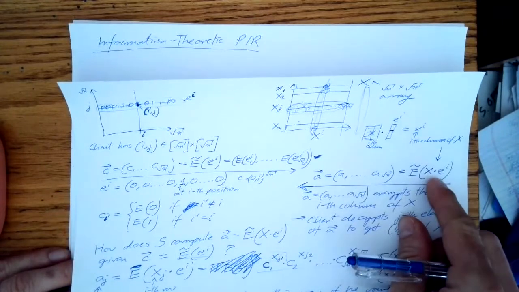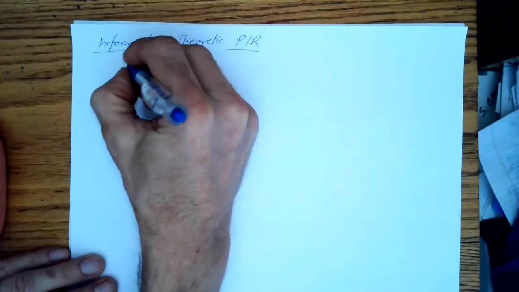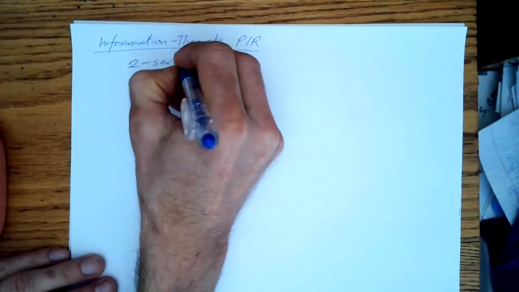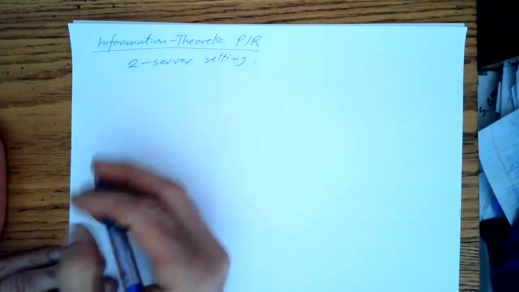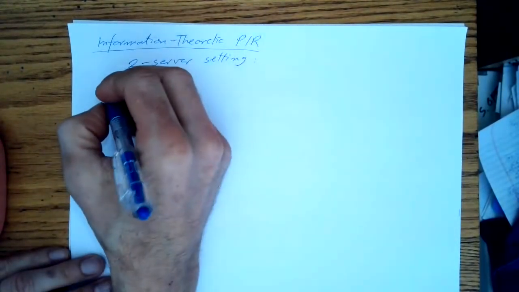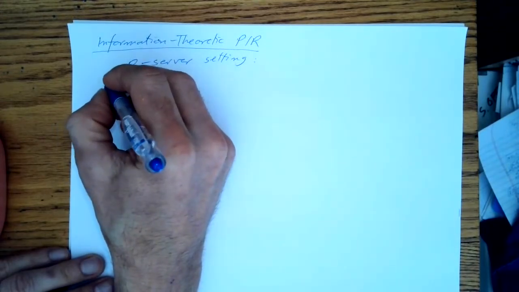This can be done over plain text in the two server setting. So take the two server setting, and we continue with the two-dimensional representation of the array.